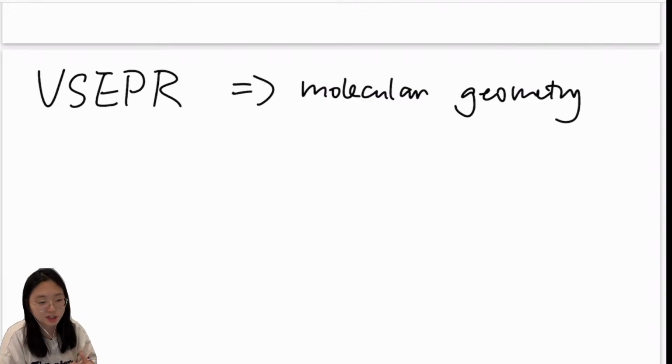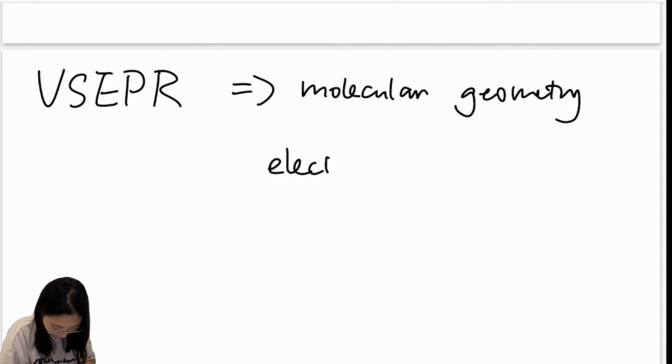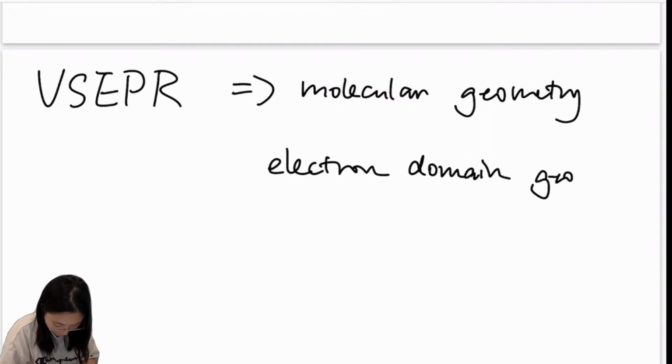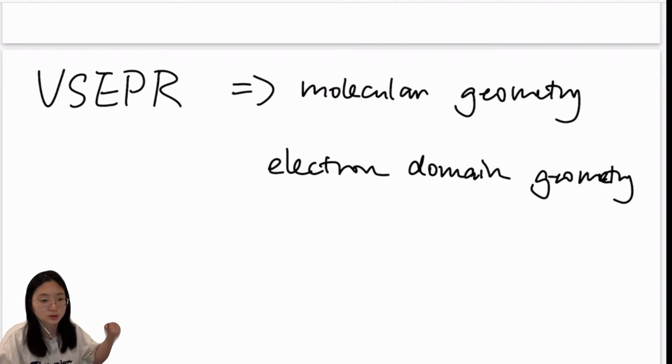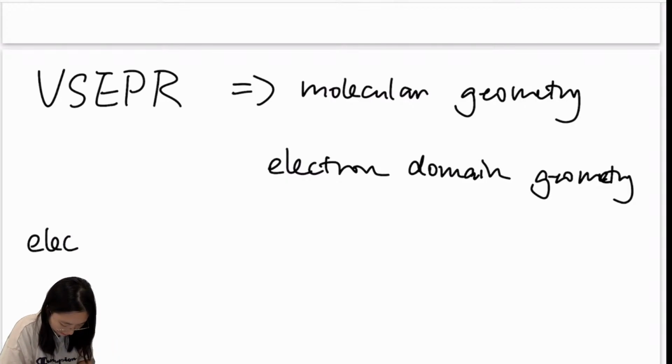When we learn molecular geometry, you've learned another very similar term, which is called electron domain geometry. The theory behind VSEPR is that electrons repel each other because they are like charges. Unlike charges attract, like charges repel. And when I say electron pair, it includes both the bonding pair and the lone pair.